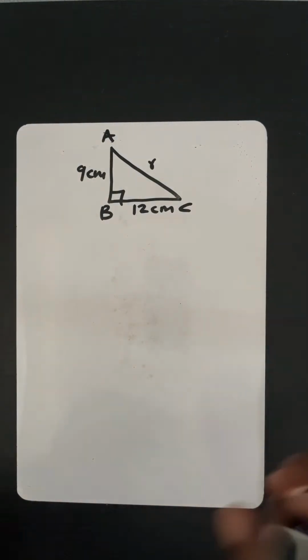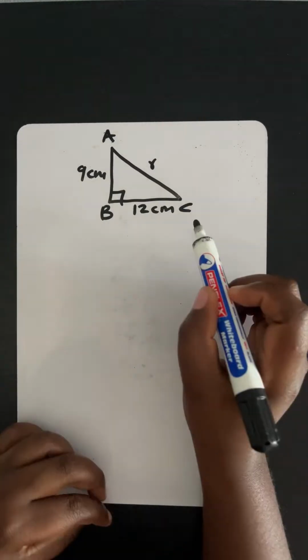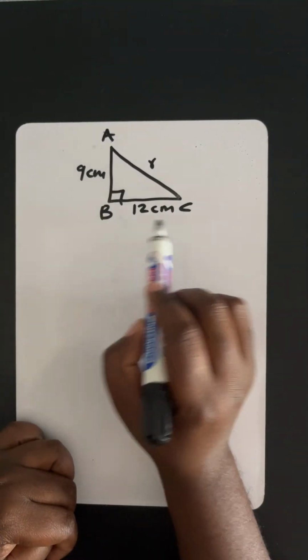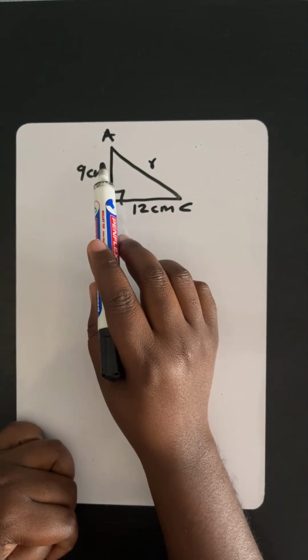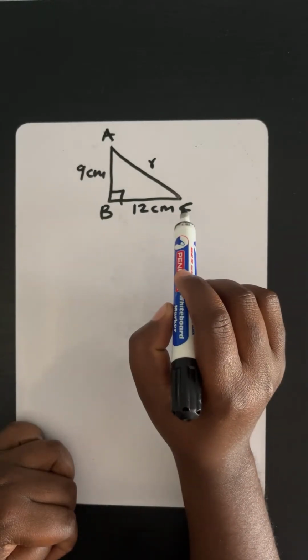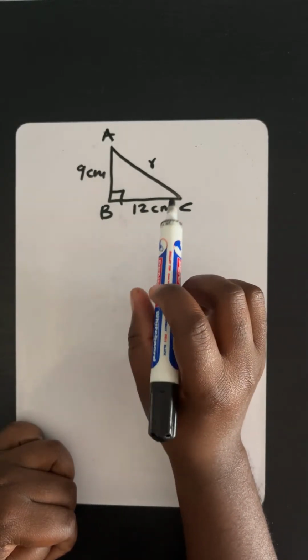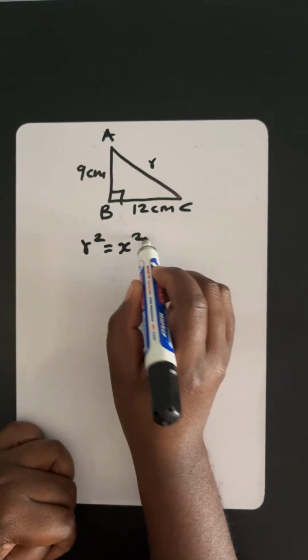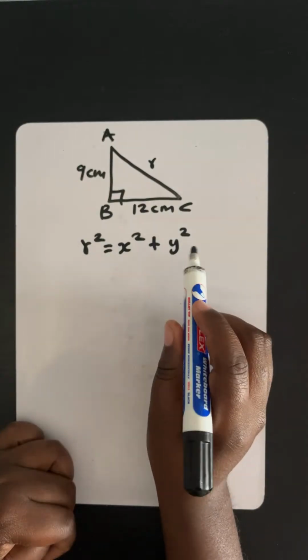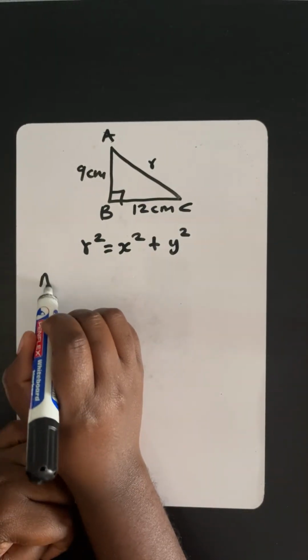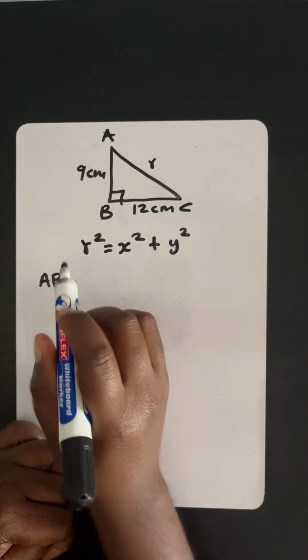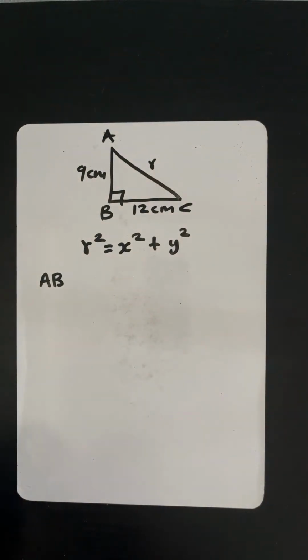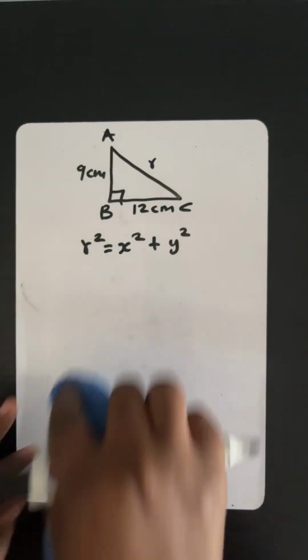So, okay, I'm given triangle ABC, I'm given the X side and the Y side, but I'm not given the R side. The formula says R squared equals X squared plus Y squared. So that means the R side is actually the side AC, not side AB.